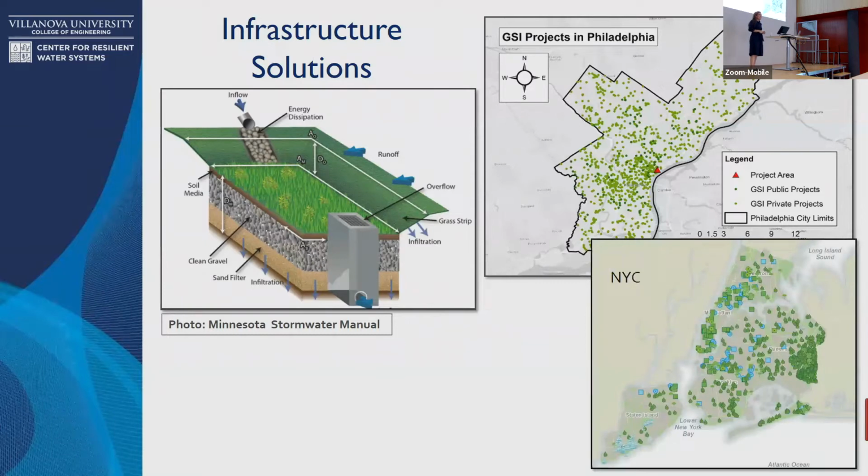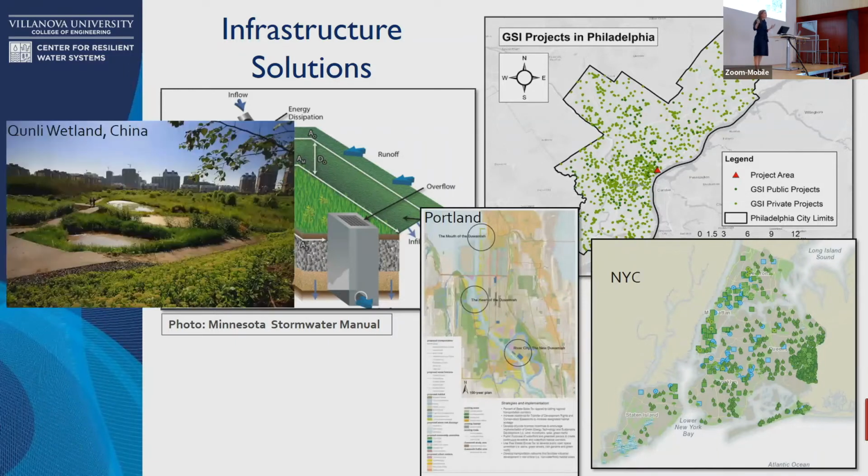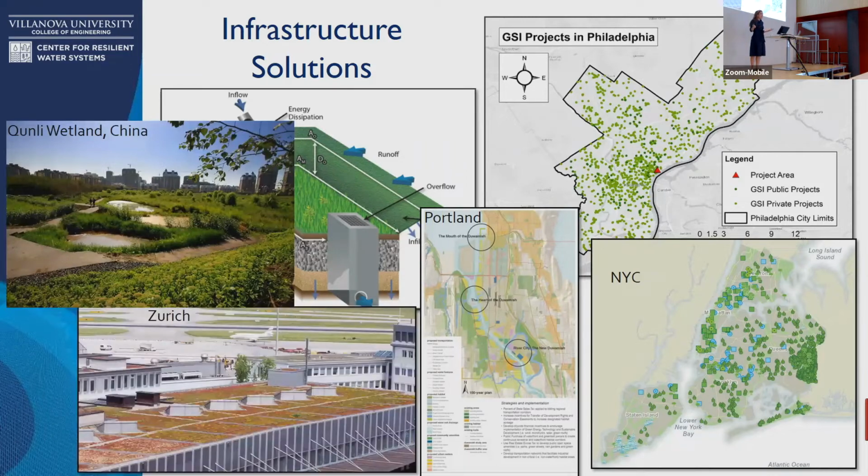But other cities across the US have this too. In New York City, in Portland, but we also see this in huge projects like China's Sponge City project that's massive. We see this here in Europe, in Zurich. This is an image that I found of a green roof. And this BGI, or nature-based solutions, they can look a lot of different ways, right? We can talk about tree planters or rain gardens, infiltration trenches, bioswales, all different kinds of things, but we have similar goals and objectives.